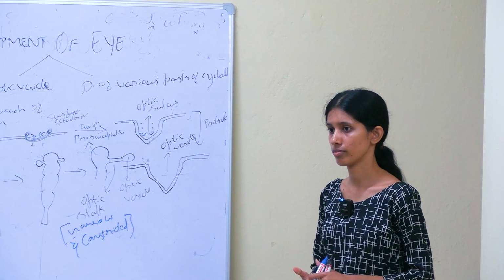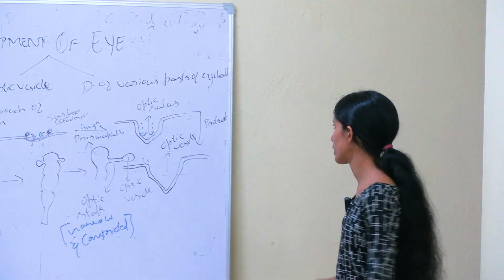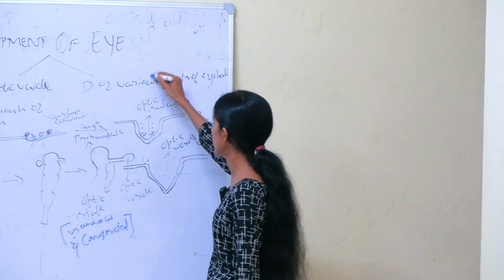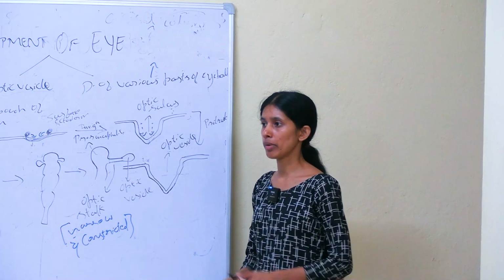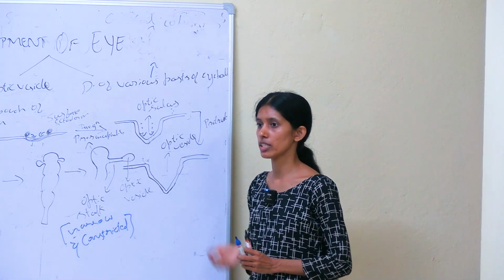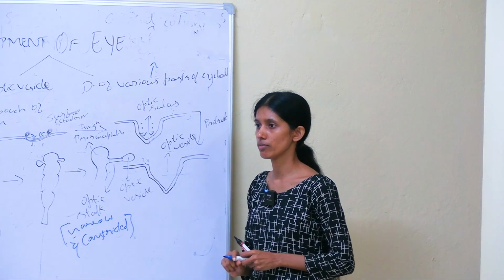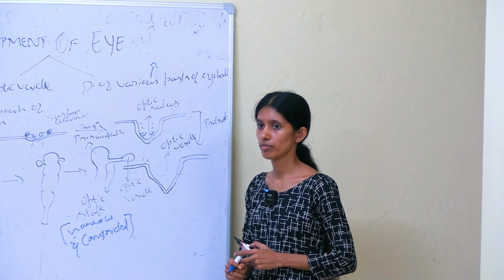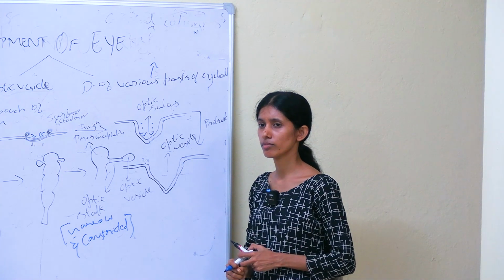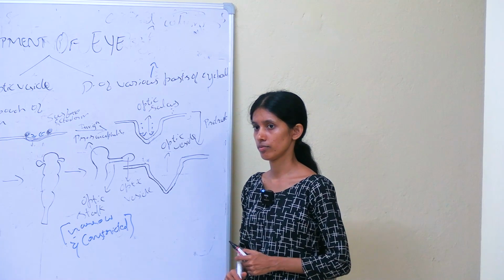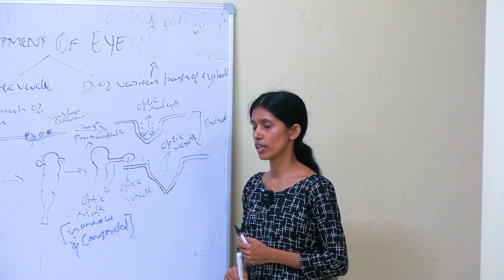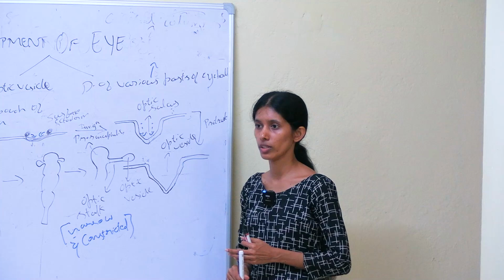No doubts? Sure? Okay. So what are all the different or various parts we see in the eyeball? What parts or what structures do we see in your eyeball region? What structures do we see in the eyeballs?